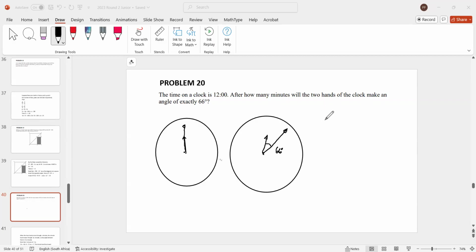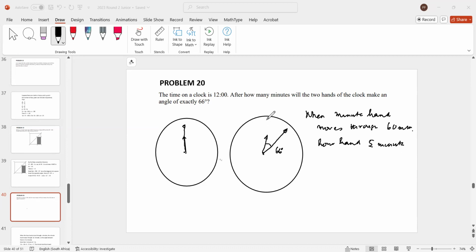So when the minute hand moves through 60 minutes, that's 1 hour. The hour hand moves through only 5 minutes. Then it'll be 1 o'clock, you see.